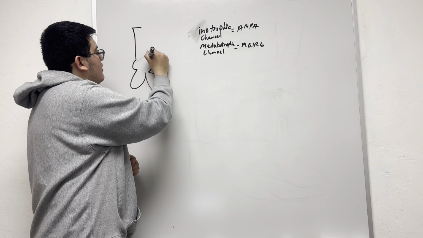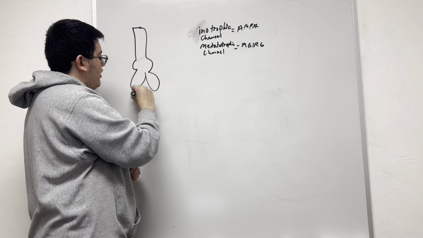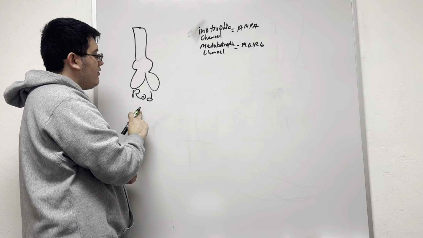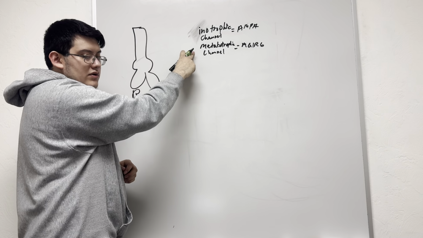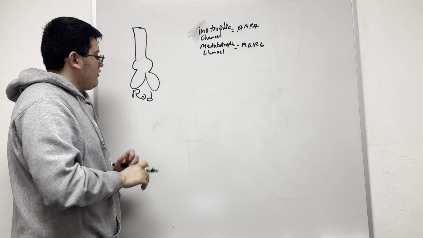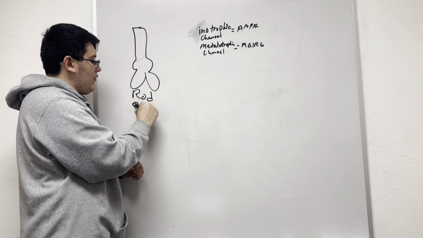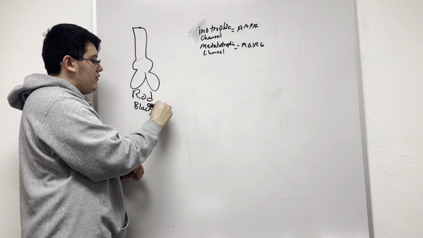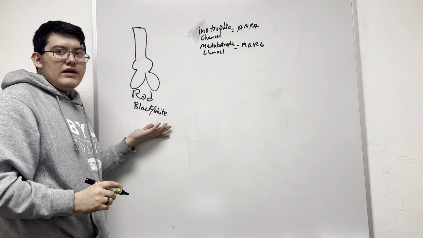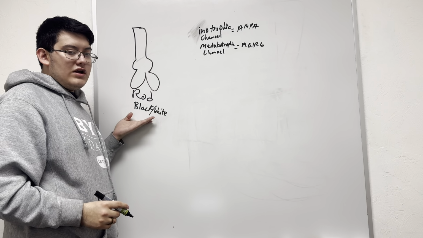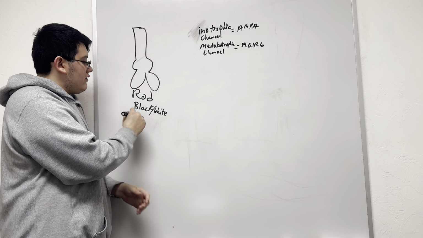The first one is known as a rod. Rods tend to be connected to metabotropic cells. They also are known for helping us see black and white. They're not able to see color and can only tell shades of gray.